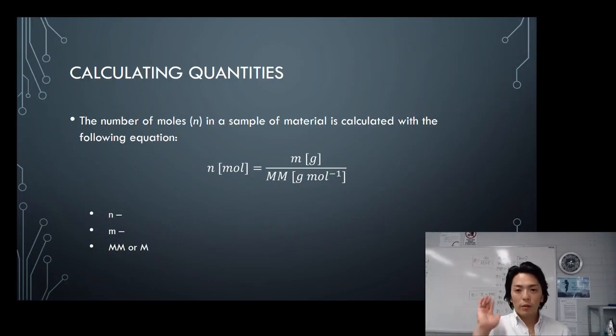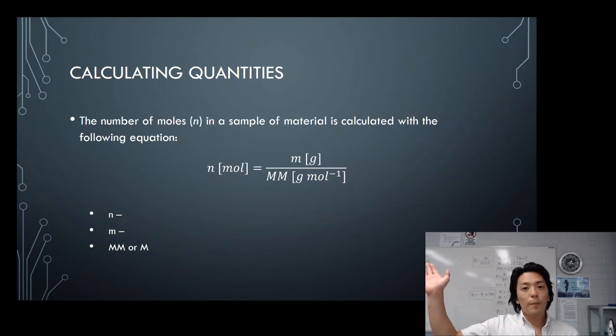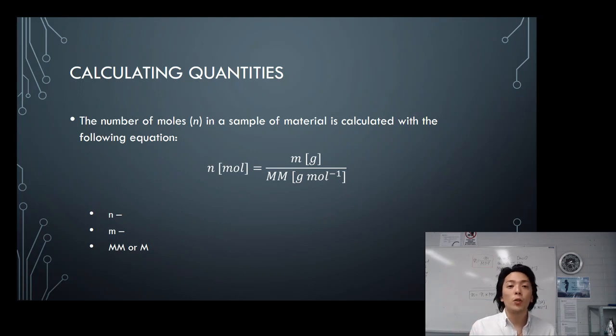Okay, so you can see the relationship there that is used to calculate the number of moles in a sample or material, in moles. So n, now if you can add information to those three things there, n also means number of moles, and the unit is mol.